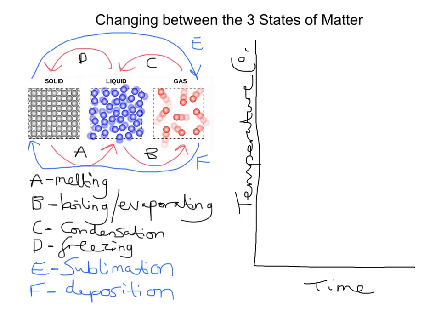And we'll have temperature in degrees C, we need to give it units, and we'll have time in, say, minutes, so it's good practice to put units on it. I'll just draw a very distinctive graph here.